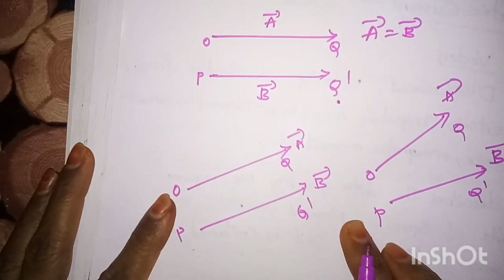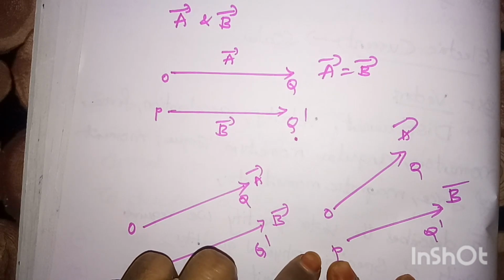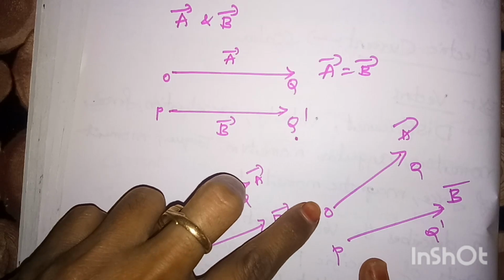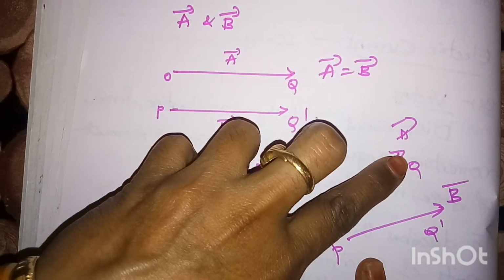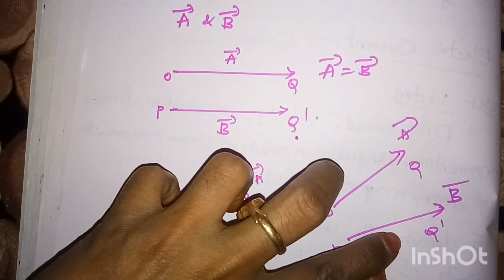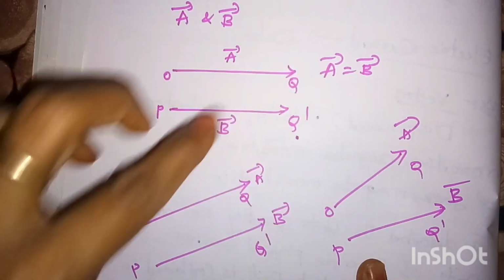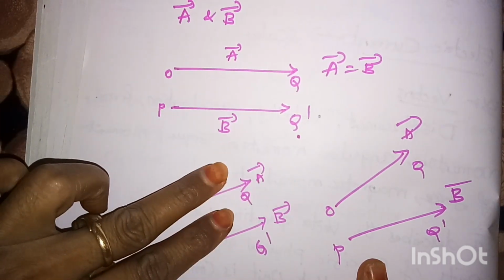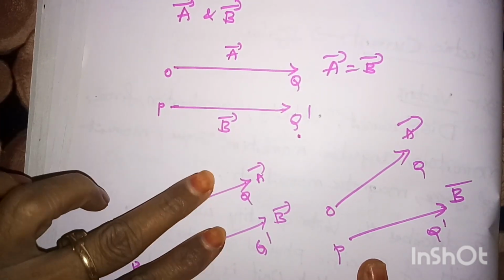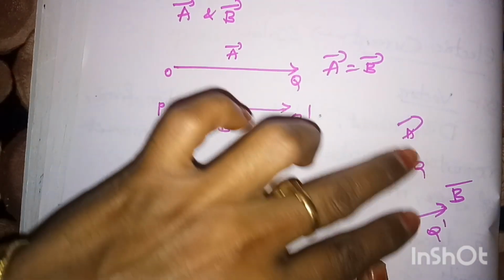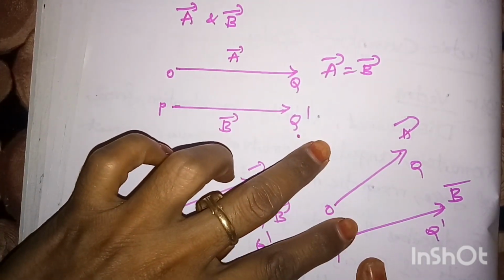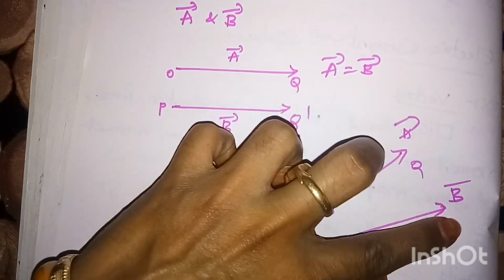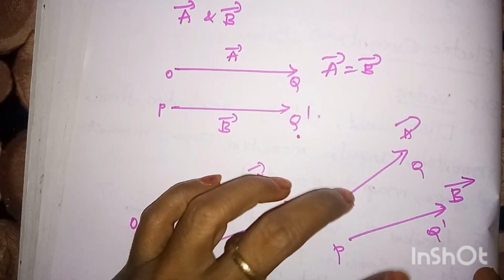If we move the tail of B towards A, OP will coincide, but Q dash does not coincide because they are not parallel to each other. When one of the tails coincides and the tips do not, they are not parallel, and the two given vectors are not equal vectors.